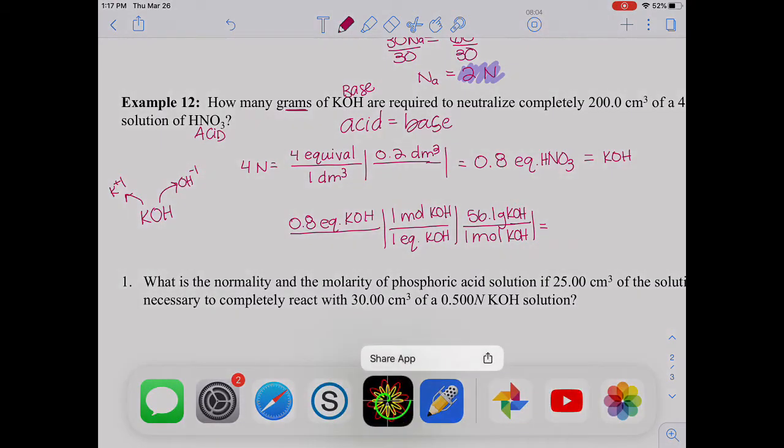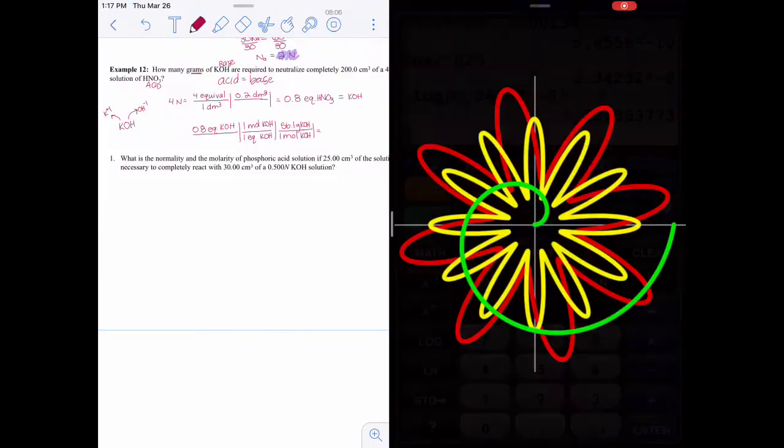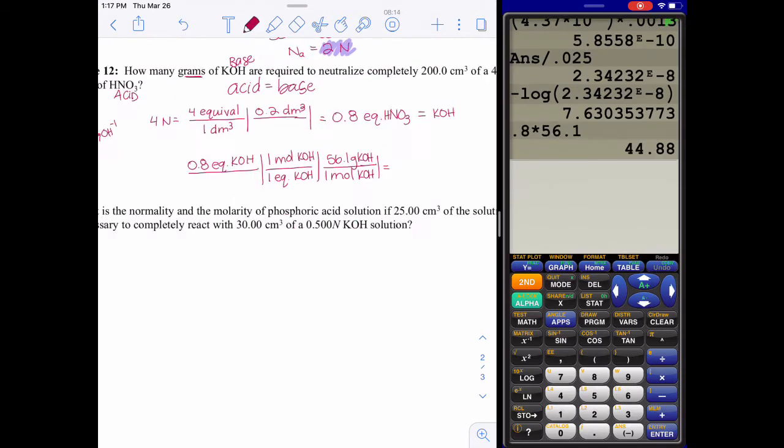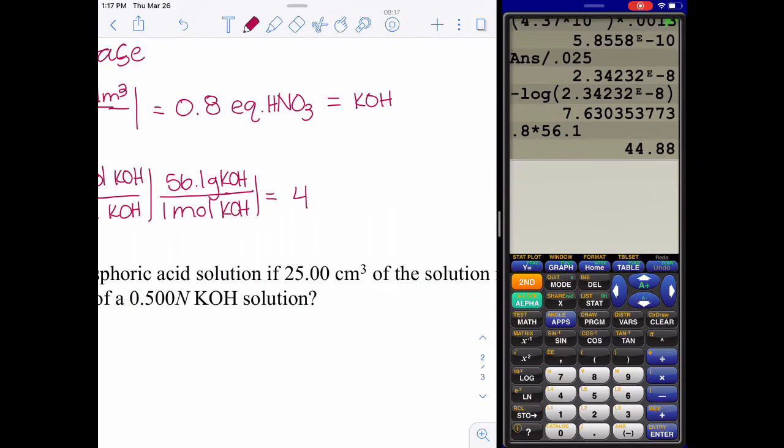Calculator: 0.8 times 56.1, and I get 44.88 grams of my KOH.